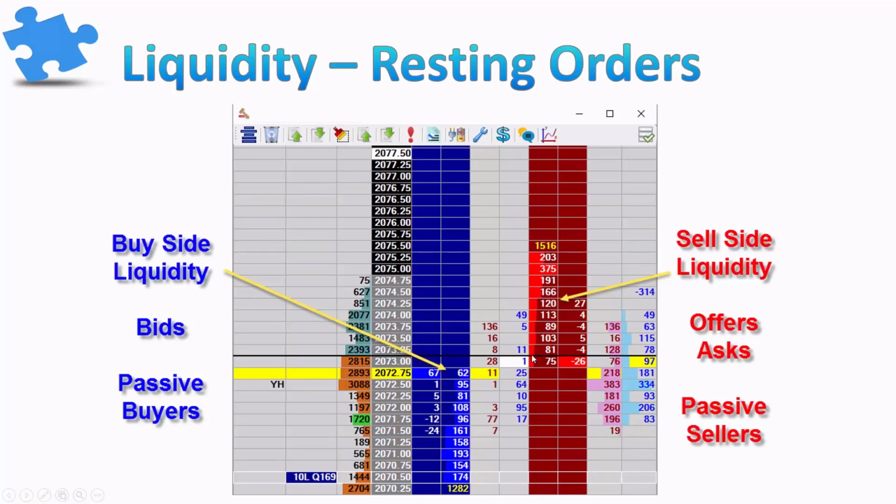That's how many contracts it took to eat through the ceilings, or eat through the offers, and that is really an indication of how much depth was actually real. If we look at the offer size here, you can see 75, 81, 103, 89, 113, but the actual traded size was 17, 95, 10, 64. You can see the difference between the amount of depth advertised and the amount of depth it actually took to trade through that level.